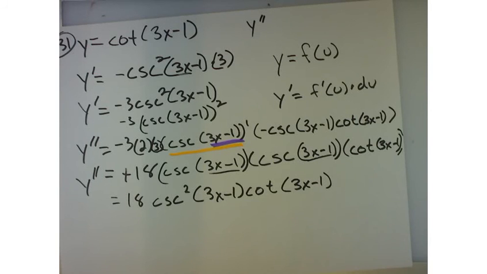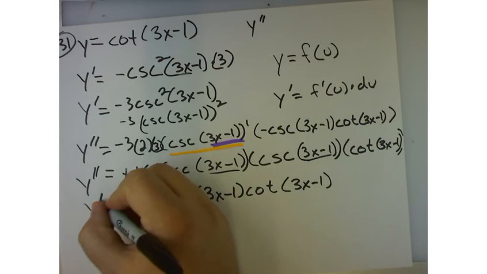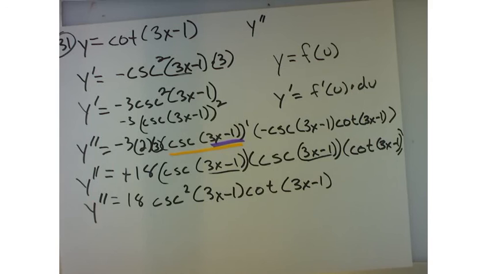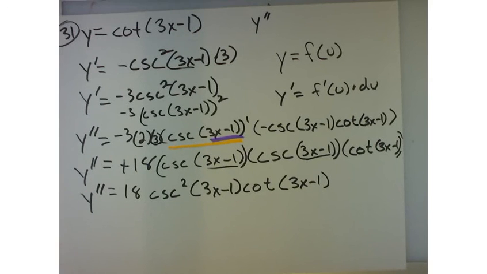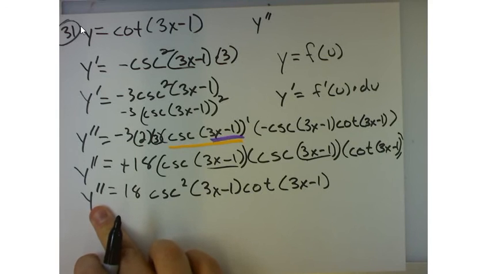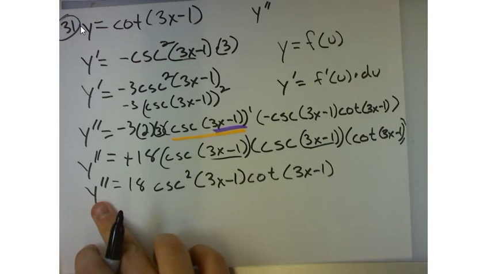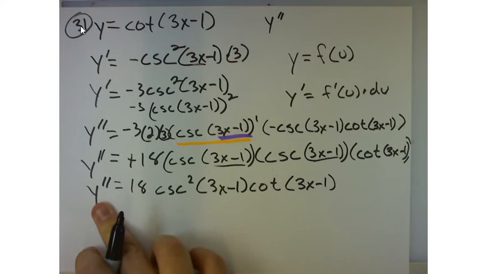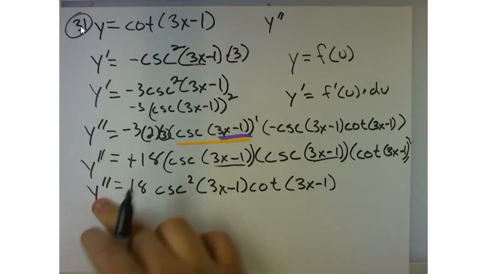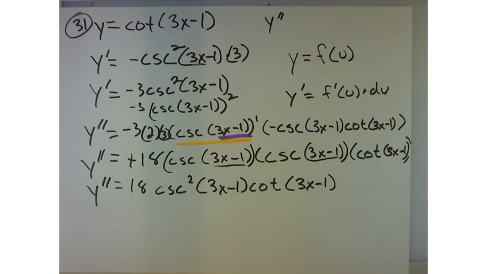But that doesn't simplify it, so we just leave it alone. You guys understand what I'm saying? Okay, so we'll just leave it alone, and that's the answer in the back of the book. Remember, this is going to be the slope of the, well, this is something I haven't taught you yet, which is the concavity of the graph. But any questions?